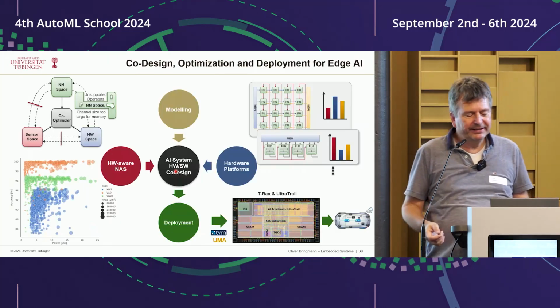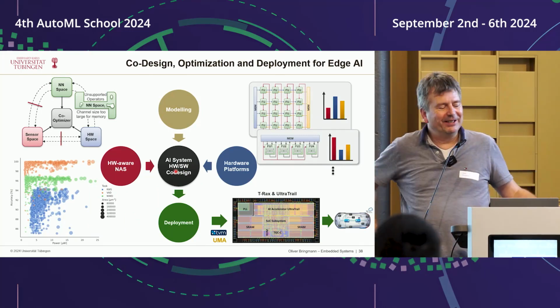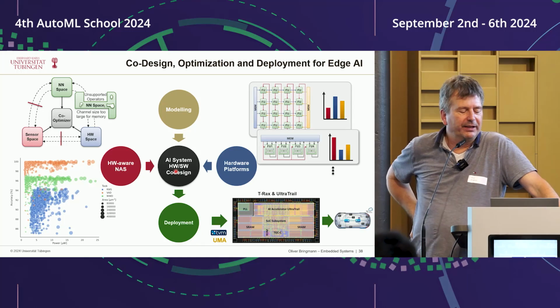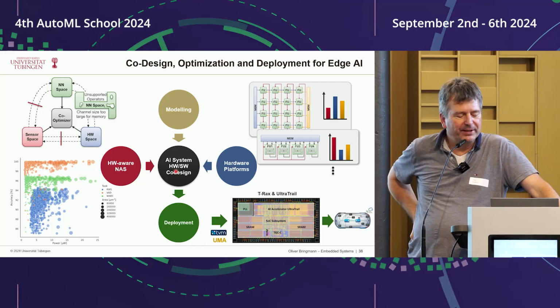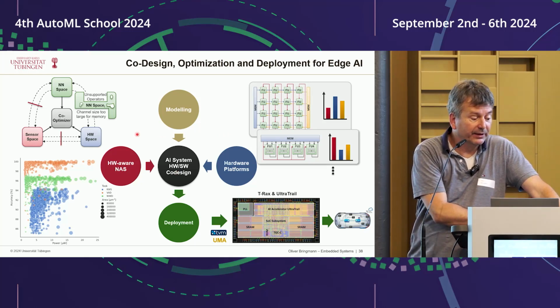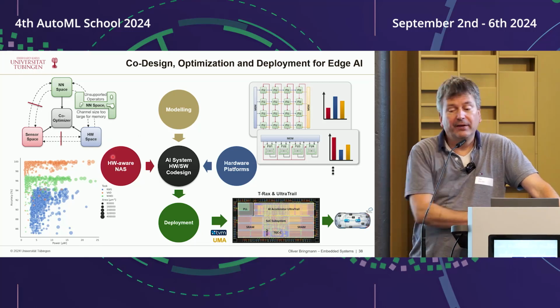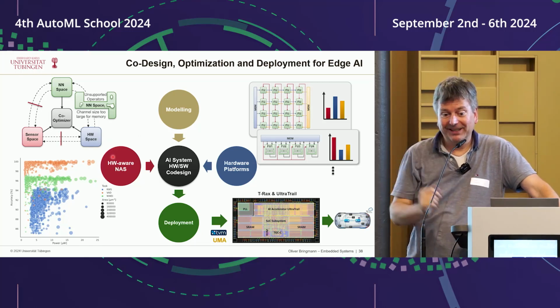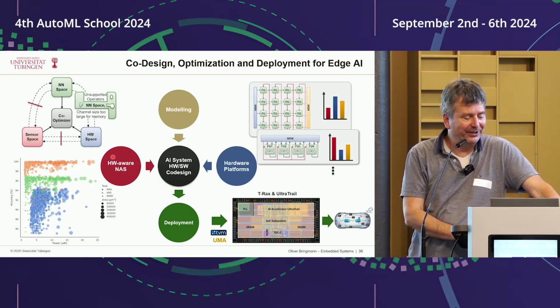And that's actually, in a nutshell, in a single slide, what we are doing at my chair: a lot of co-optimization techniques, to describe architectural templates, to do some kind of hardware neural architecture search. We will have a tutorial on that later on.